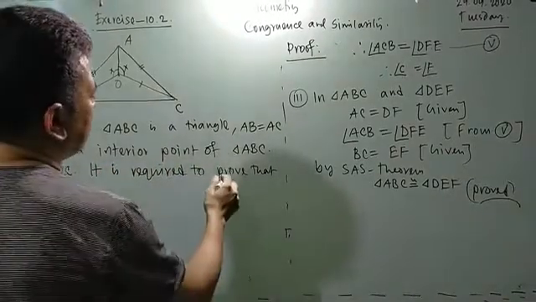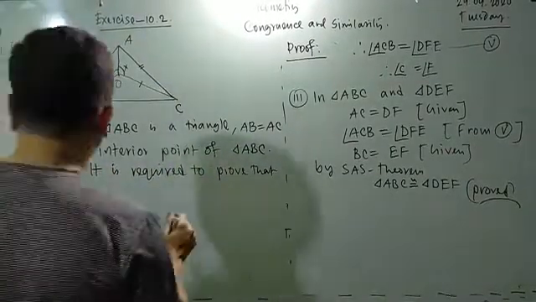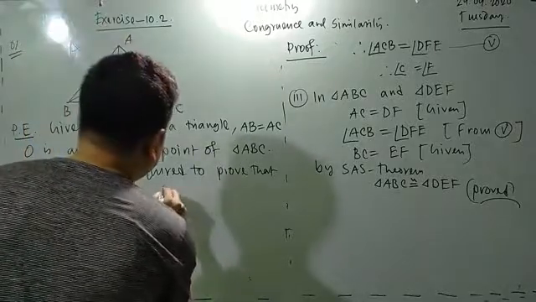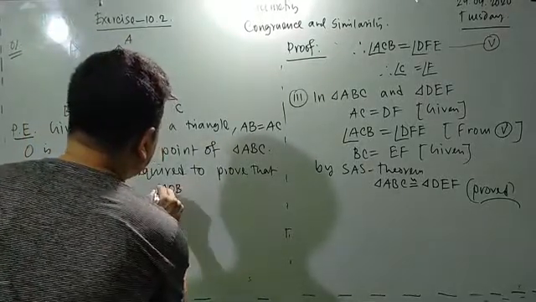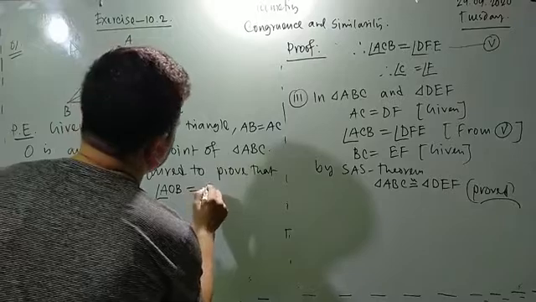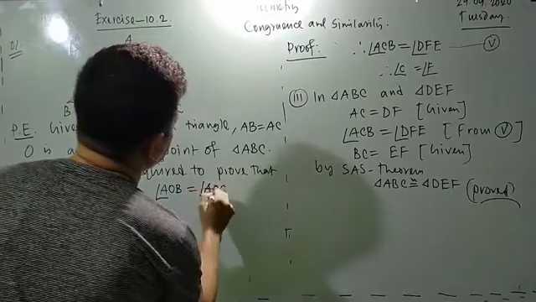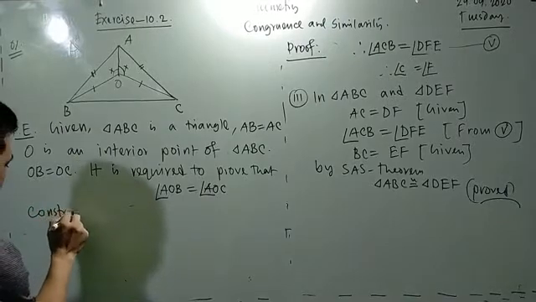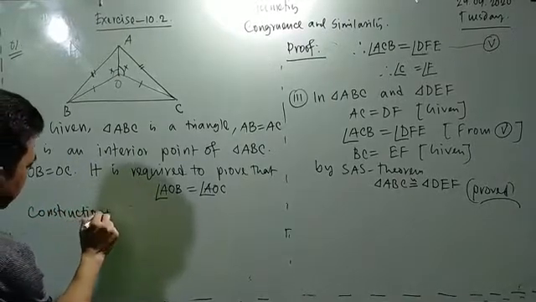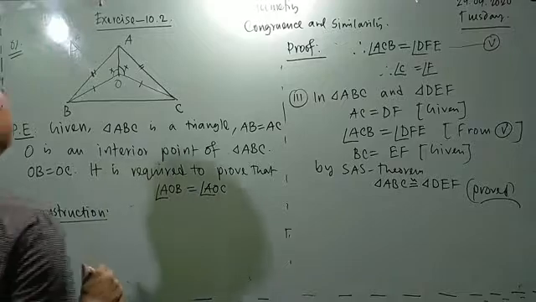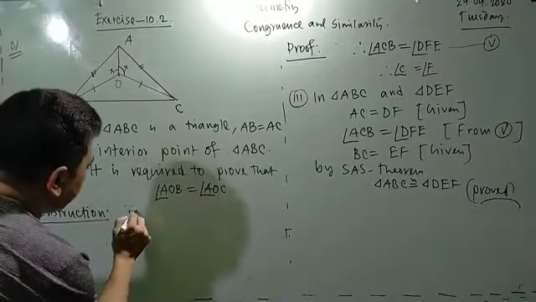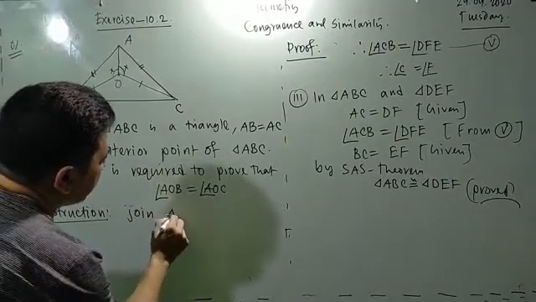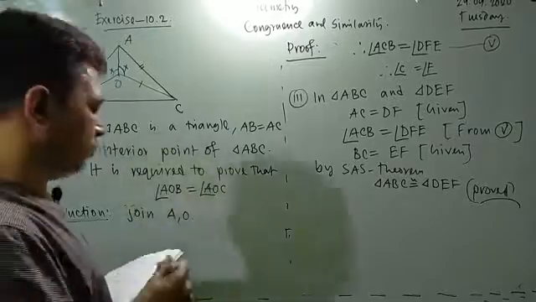So we have to prove that angle AOB equals angle AOC. What is the construction here? Just join AO. That's it. Very simple, very easy.